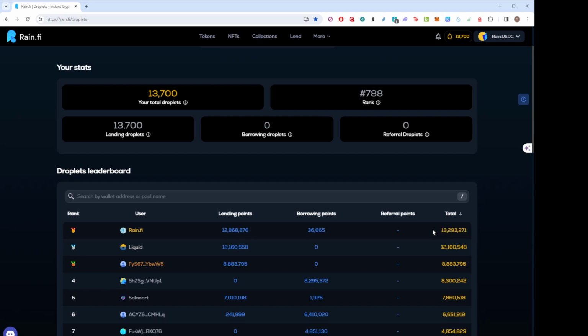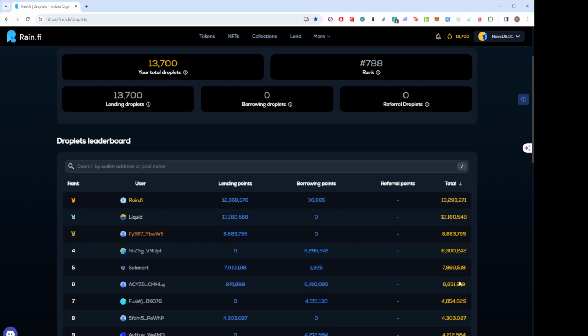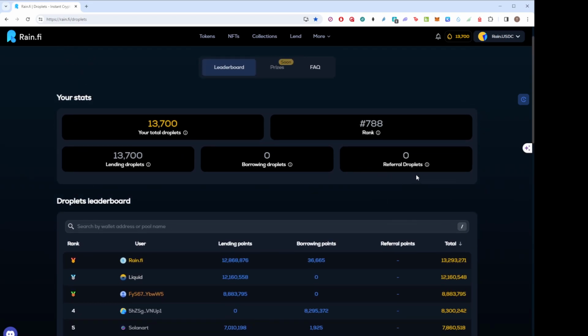I assume Rainfire is their own pool, but to be honest, these aren't that many points when you consider how much money people are lending. So you can get quite a good percentage of droplets here for when they do release a token.